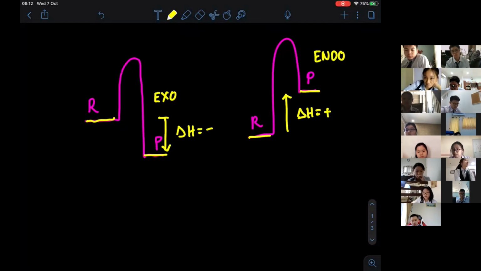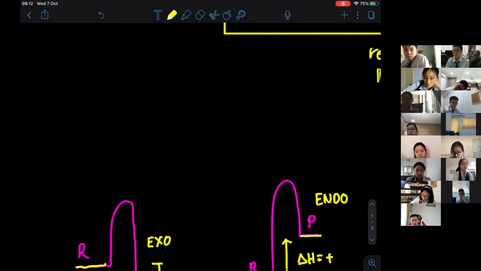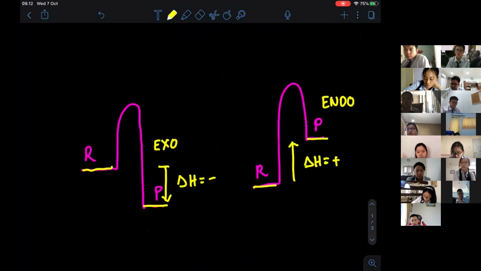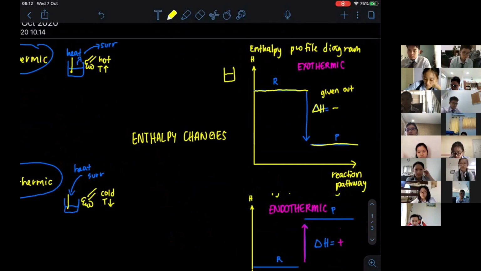Annabelle, can you tell me, if you compare this particular diagram with this enthalpy profile diagram, there is an additional information that is given. What is the additional information, Annabelle? Activation energy. Very good. So this diagram is still the same enthalpy energy level diagram, enthalpy profile diagram, whatever pathway.